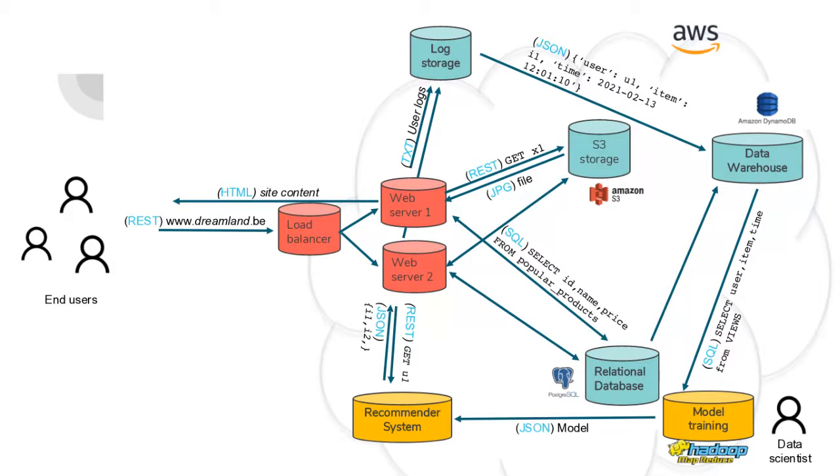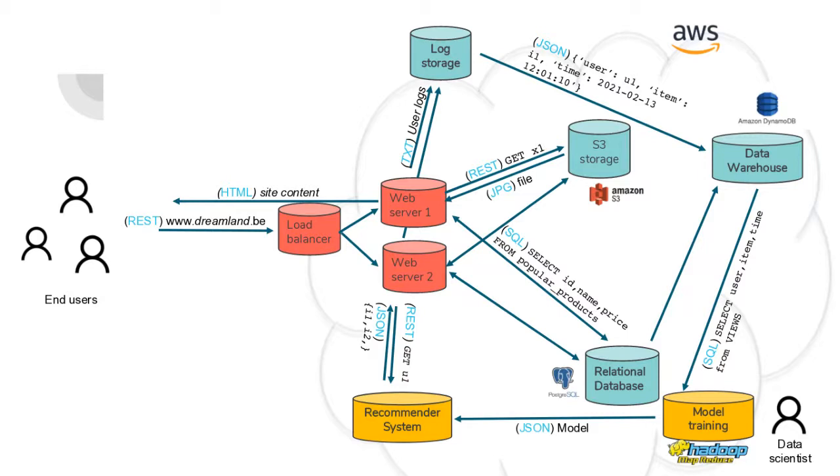So here we have 2 web servers, and we assume that 2 web servers are enough to handle all the user requests. So that's the first step. And finally, these web servers send back data with the web page content to each user, and 50% of the users is handled by web server 1, and 50% is handled by web server 2.